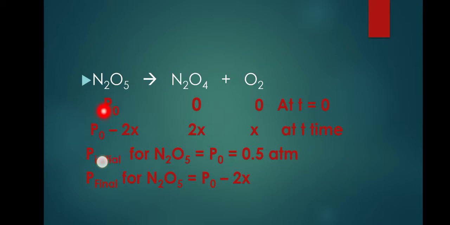In the initial condition, when t is equal to 0, the pressure of N2O5 is P0, and N2O4 and O2 are not formed. Therefore, the pressure of N2O4 and O2 is 0, 0. At t equal to 0 the total pressure is due to N2O5 only, so the initial pressure of N2O5 is P0, that is 0.58 atmosphere.